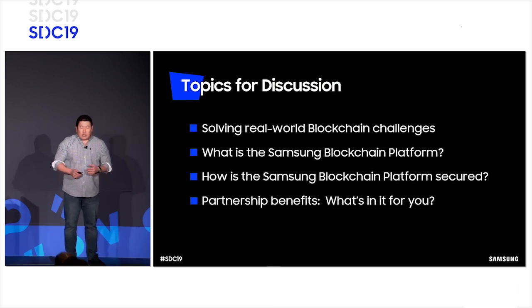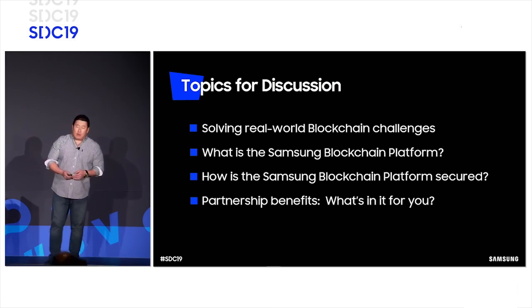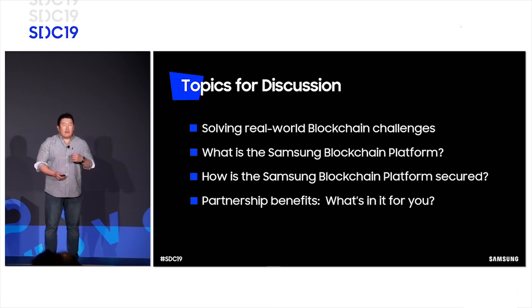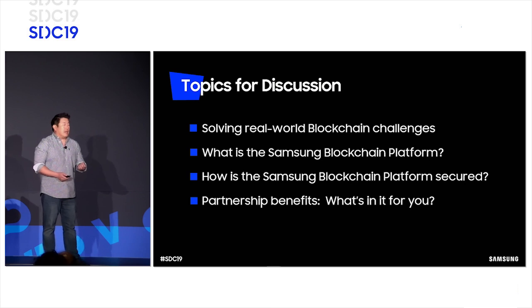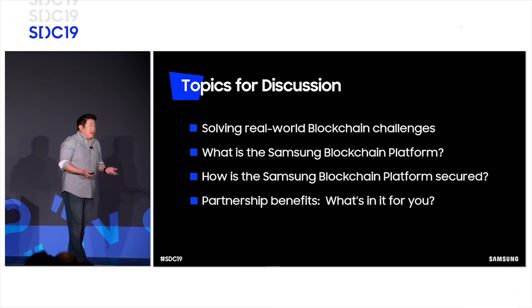And so when it comes to what we're trying to achieve, we're trying to come to you folks to give us the leadership, as I mentioned before. A lot of times as I talk to different people that want to partner with us, they'll inadvertently start by saying, hey, look, we want to understand how we can put our dApp on your Samsung blockchain. We don't have a Samsung blockchain.